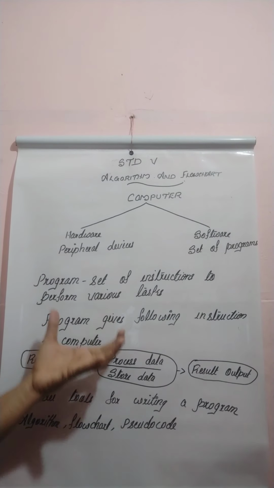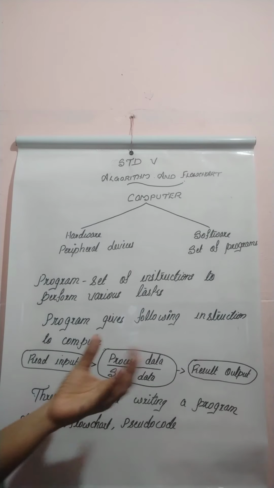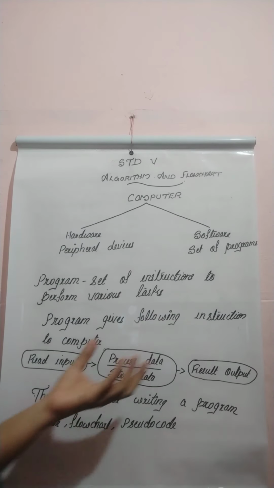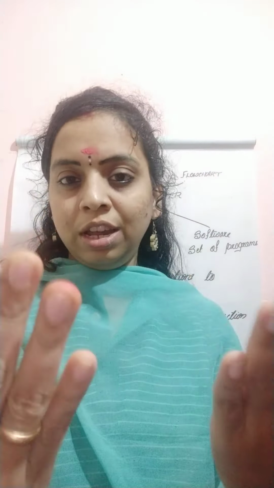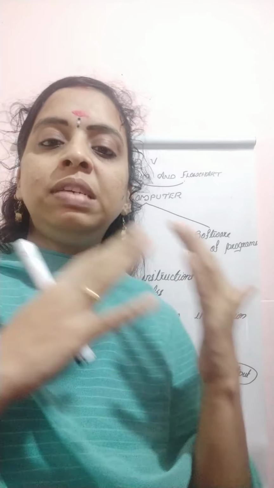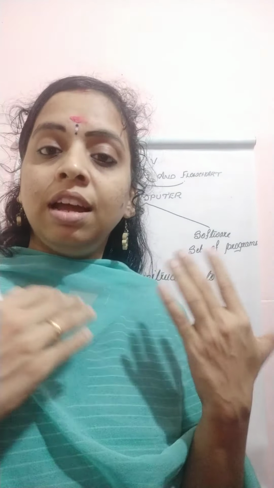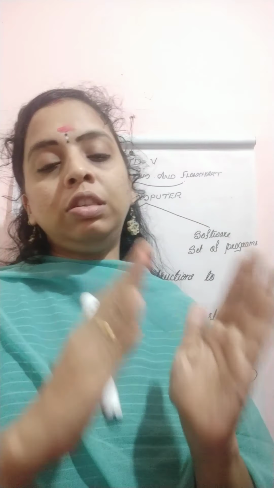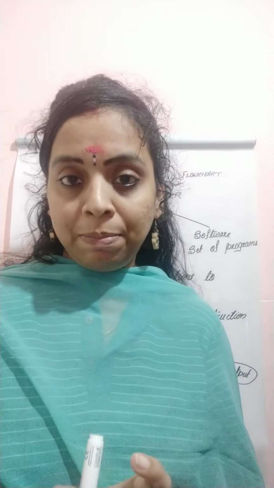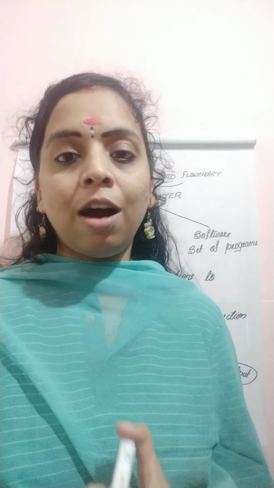Next, these programs give the following instructions to the computer. They tell the computer to read the input given by us through the keyboard or mouse. Then the computer processes that input or stores it in its memory. Then after processing, it has to give us the result through an output device.